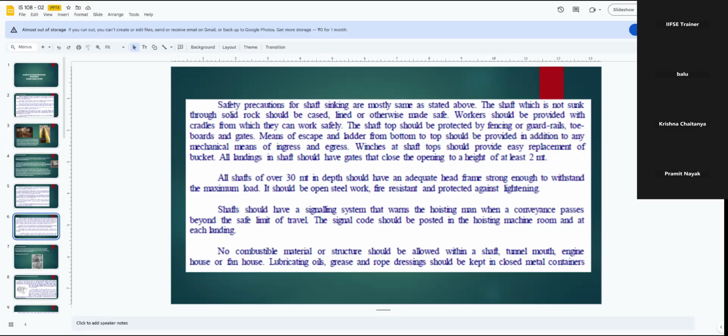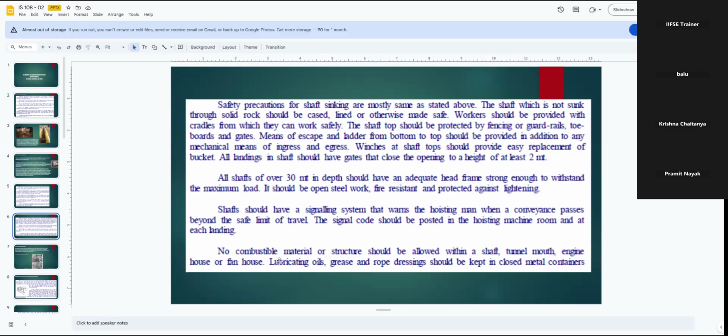A signal cord should be posted in the hoisting machine room and also at each landing. When I say shaft, it is a vertical movement where we should have a signaling system for the movement of material as well as people.